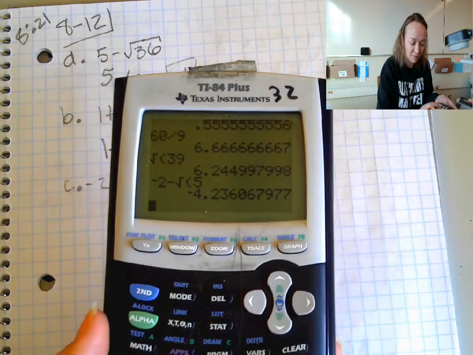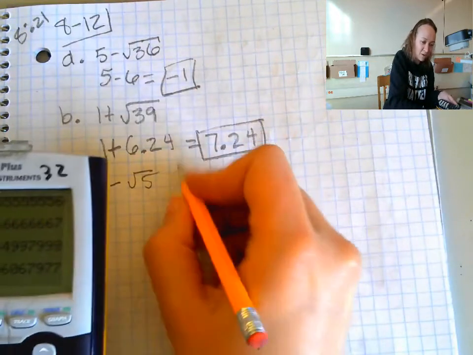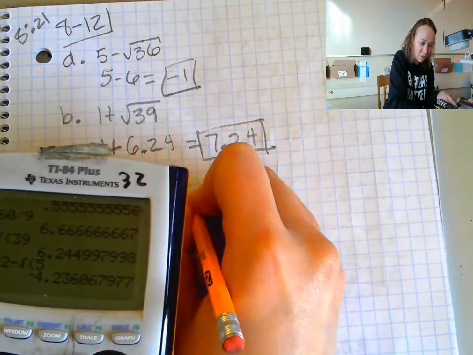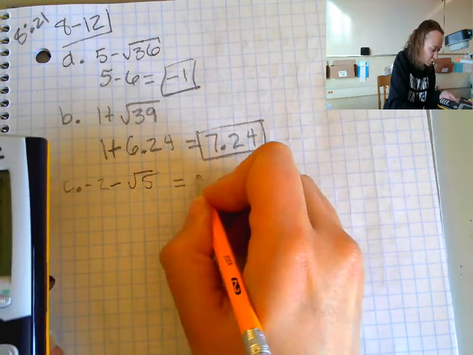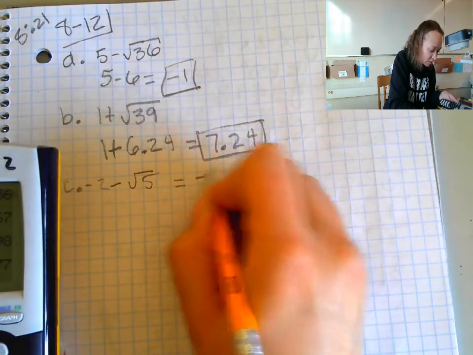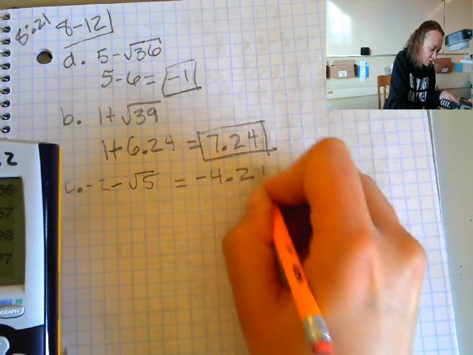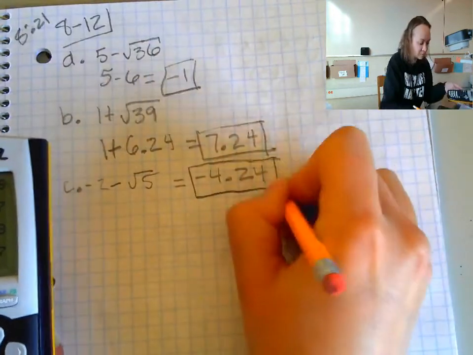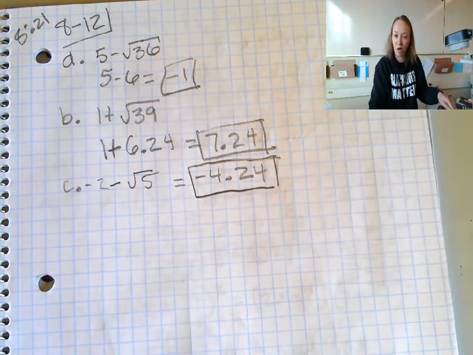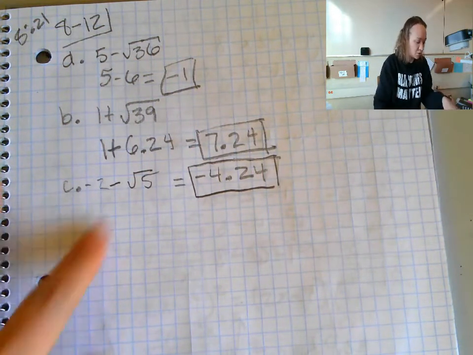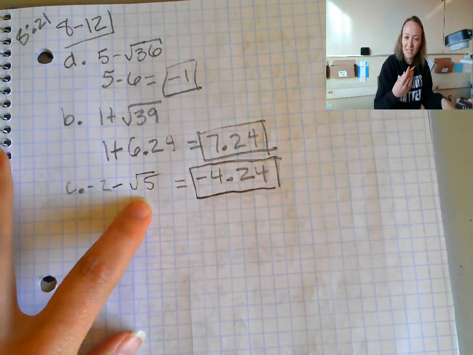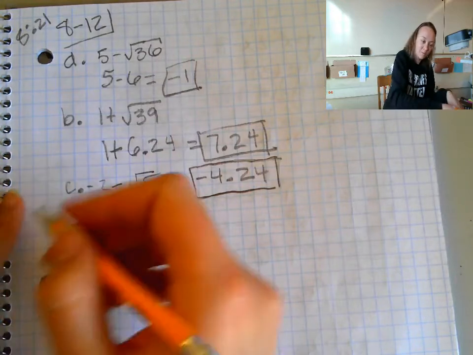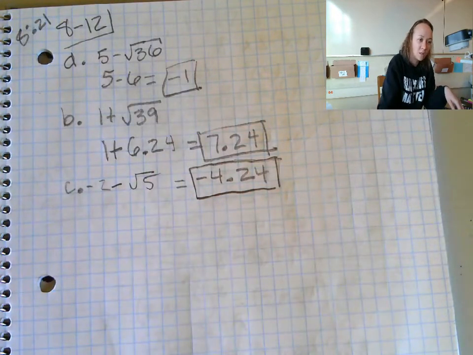Hit enter, and it gives me negative 4.24 if I round accurately. That's obviously just an approximate answer. So those are irrational, but these are the decimal approximations of those.